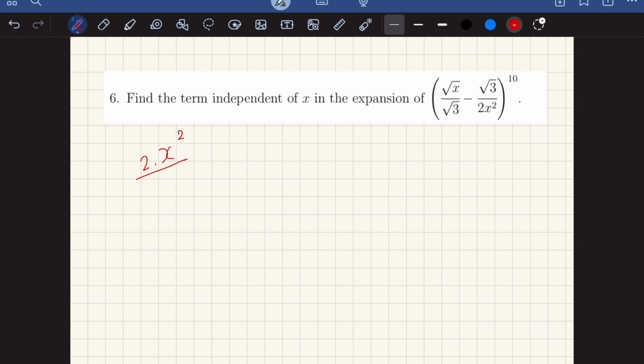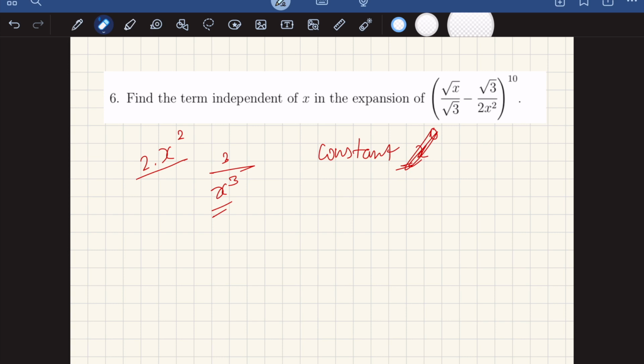Something like this depends on x clearly because it's an expression written in terms of x. So if you have anything here that depends on x, then the term is dependent on x. Anything which is a constant is a term which is independent of x. So that is exactly what the question is. Can you find a term here which does not have a factor of x in it?